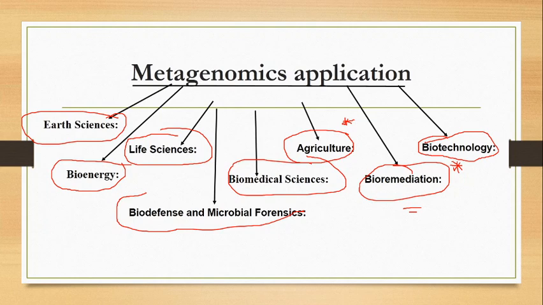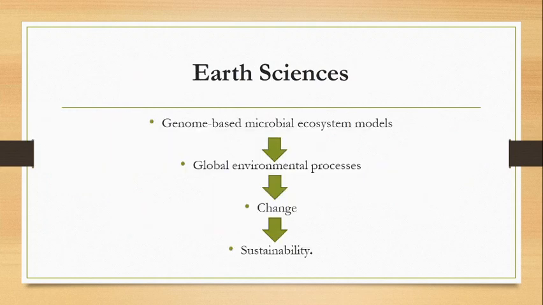Okay, that is about the previous session. Let's see the importance of metagenomics in every field, and how the knowledge of metagenomics will improve them. First, earth science. In earth science, scientists are basically dealing with ecosystems, that is the nitrogen cycle, carbon cycle, sulfur cycle, and how these systems work coordinately, so that we get an idea of environmental balance.